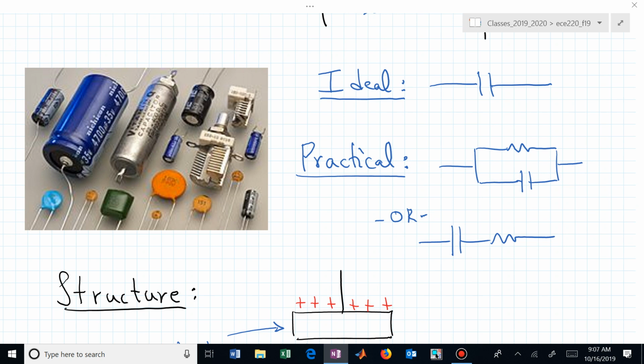And these cylinders might actually be sort of this sandwich nature rolled up, and then they stick it in a tube. But you still have this capacitive behavior happening between two conductors separated by a dielectric. That's why the disc ones look like maybe what I have drawn with the different conductors on two sides.